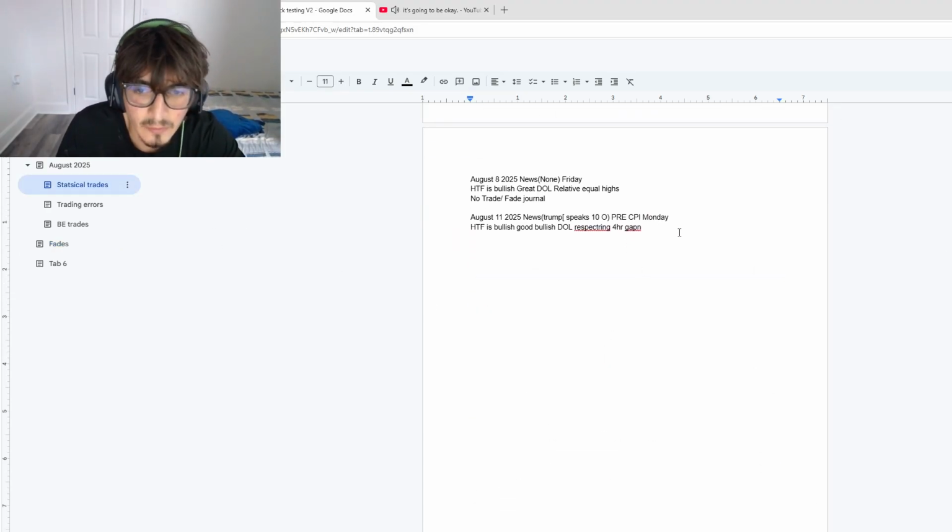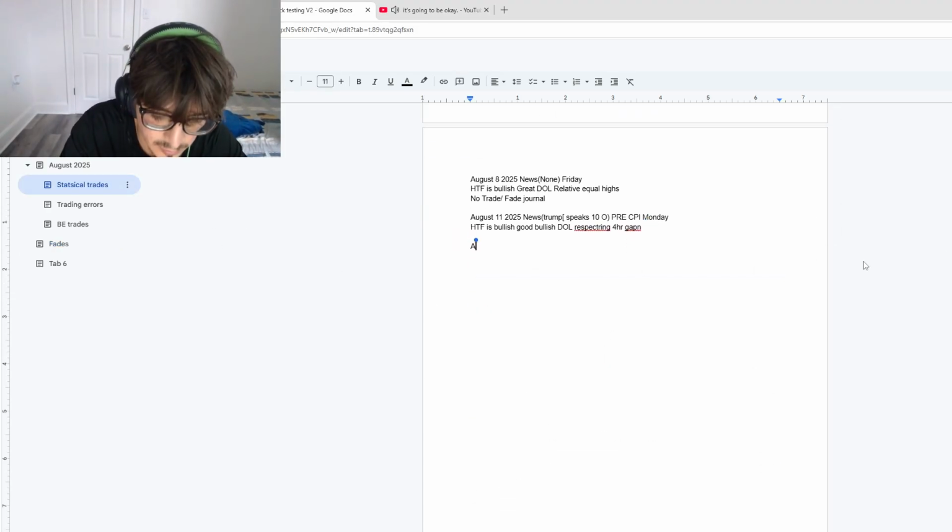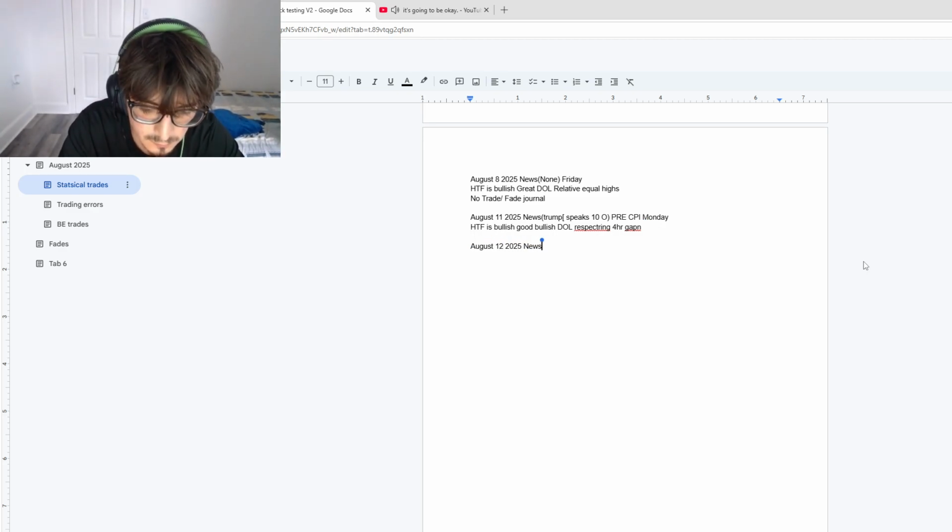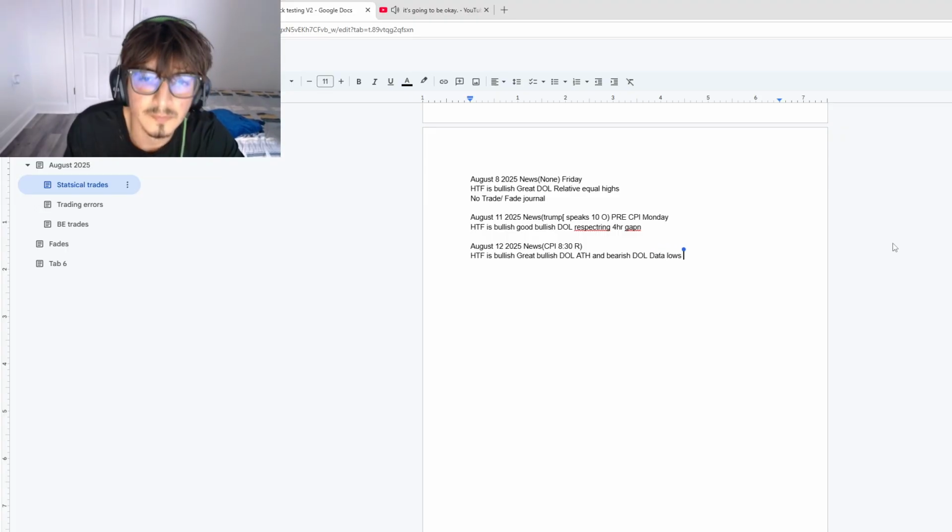Alright, so for today we have two really good draws. Our higher time frame is bullish, great, bullish, strong liquidity, and bearish data lows.